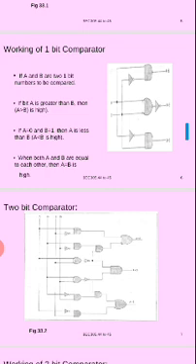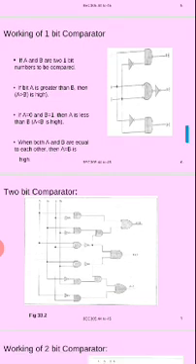Here we are comparing one bit. We are comparing bit A with B. So our bit is A bit only. Our bit to be compared is only A. Hence it is called one bit comparator.